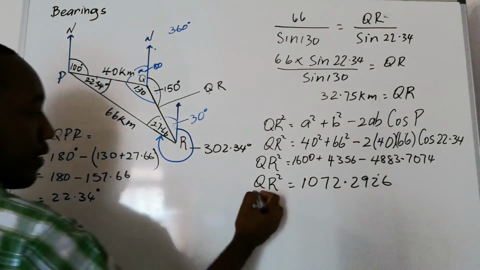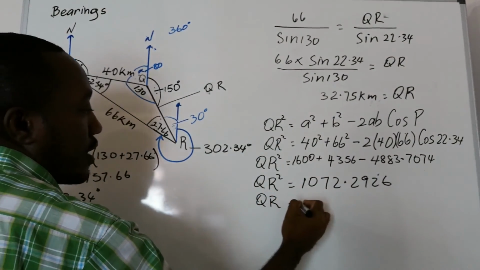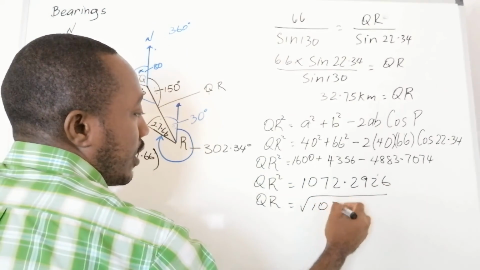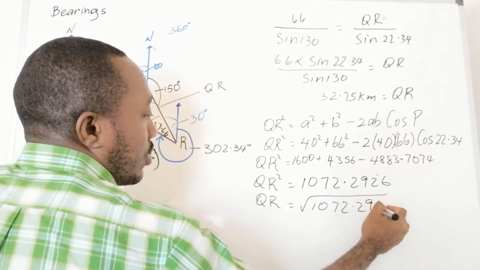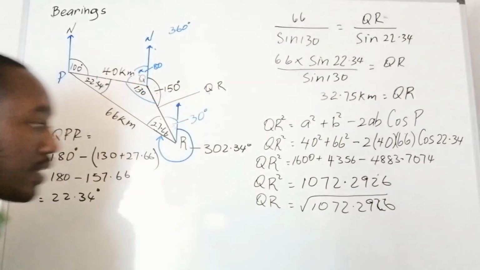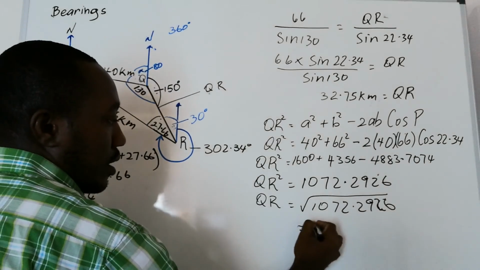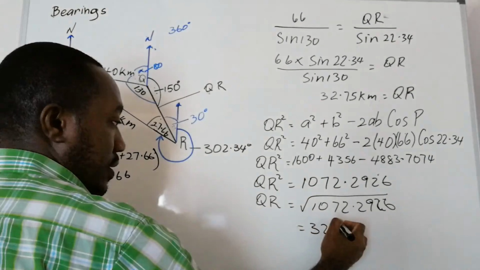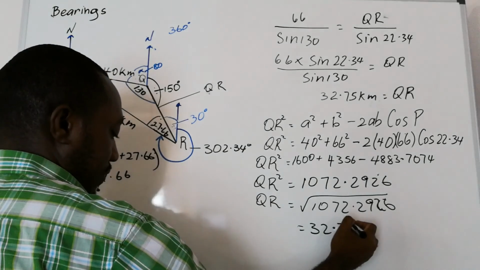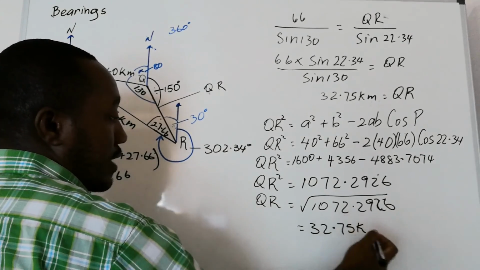So to find QR is the square root of 1072.2926. So the square root of that will give us 32.7458. So round to 2 decimal places, 32.75 km.